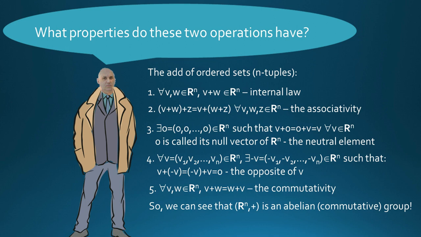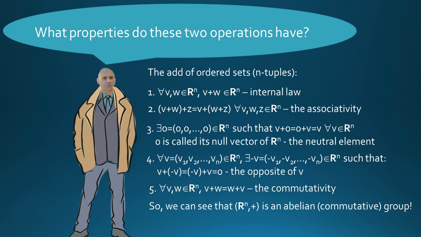There exists 0, with all components 0, in ℝⁿ, such that v + 0 = 0 + v = v for any v in ℝⁿ, and 0 is called the null vector of ℝⁿ, the neutral element.